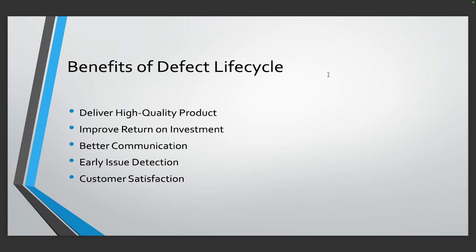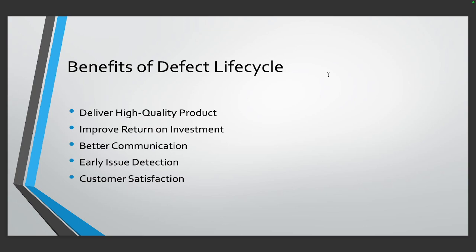So, now, the conclusion. The bug life cycle is a crucial process in software development that ensures a high quality product by systematically identifying, tracking, and resolving defects. While it can be time consuming and resource intensive, it brings the benefits of early issue detection, improved communication, and enhanced customer satisfaction.